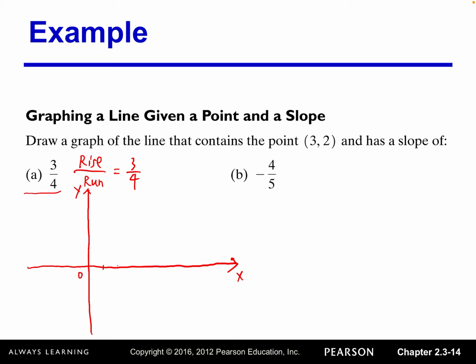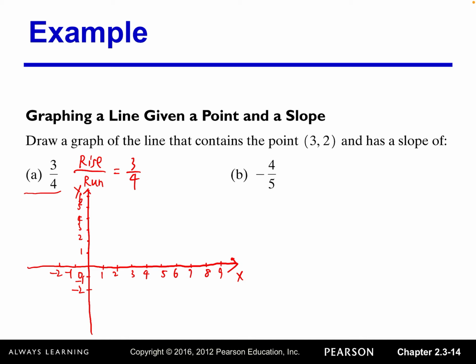All right, let's put a scale now. 1, 2, 3, 4, 5, 6, 7, 8, 9. And then the negative direction, -1, -2, and then the vertical direction 1, 2, 3, 4, 5, 6, and then -1, -2.